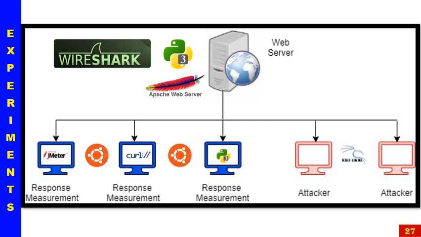The response measurement clients are running JMeter in order to provide dummy traffic to the server, and a curl script which measures the round trip time; the same script has been implemented using Python 3. The attackers are running the slow loris attack scripts available as open source.